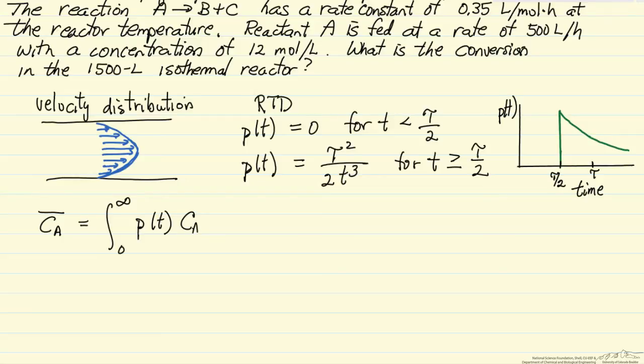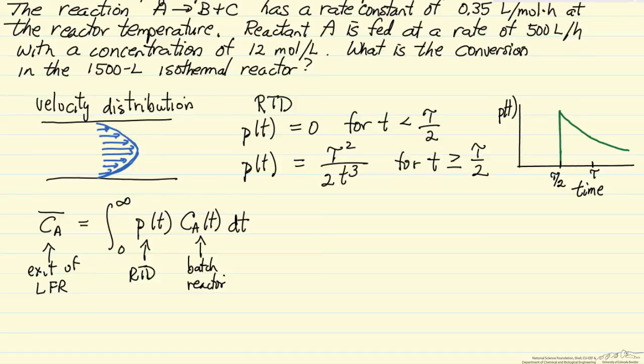And then the concentration changes with time, and this is essentially a batch reactor. So if we use this model, the concentration we get here is the concentration at the exit, using the residence time distribution and the concentration as a function of time from a batch reactor.